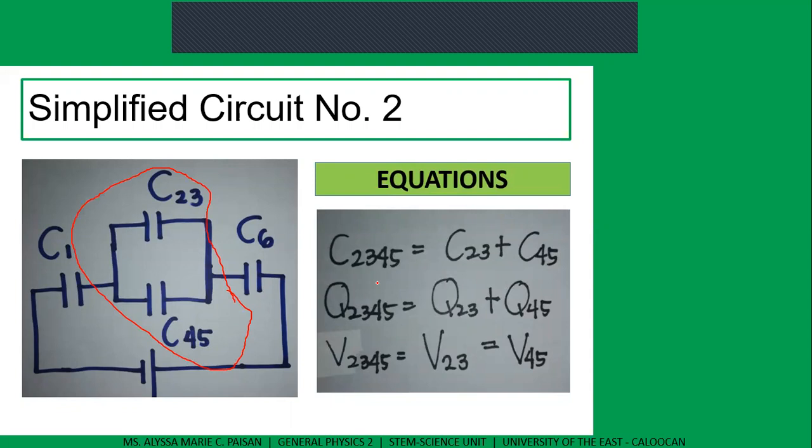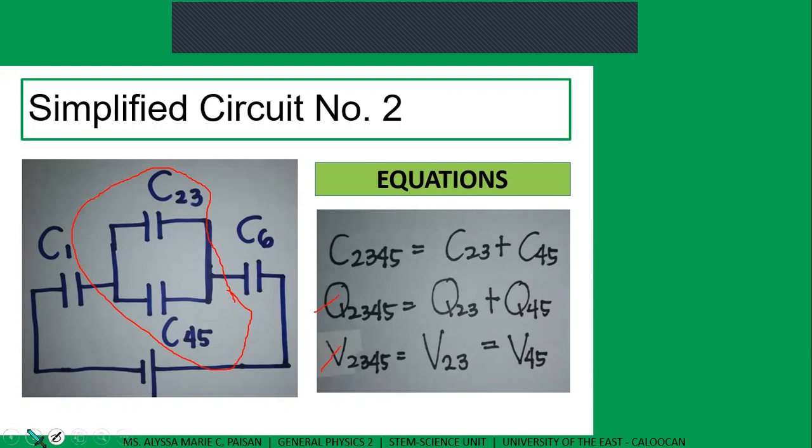Hindi C2 plus C3 and so on and so on, ha? We treat as one yung C23 tsaka yung C45. Magka-combine na sila. And since parallel ito, yung nag-add together ay yung charges, tapos yung nag-equal naman ay yung voltages. That's why for voltage, we have V2345 is equal to V23 and equal din siya sa V45.